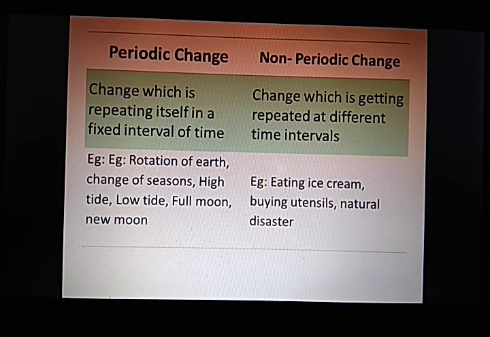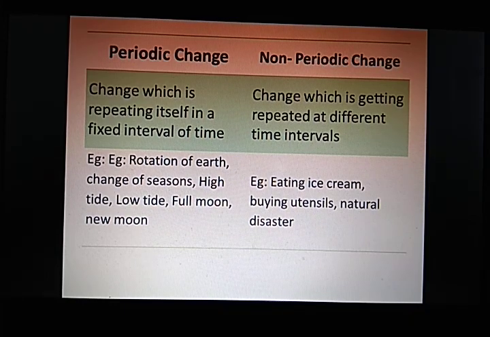And even if we have ice cream every day, it's not compulsory that it is at exactly 6 p.m. It can be before that, it can be after that. So the fixed time interval is not being maintained.